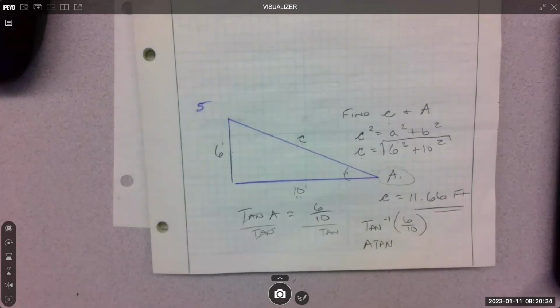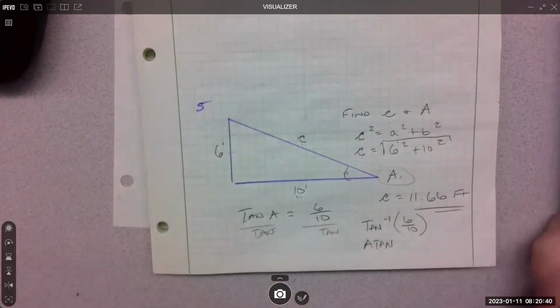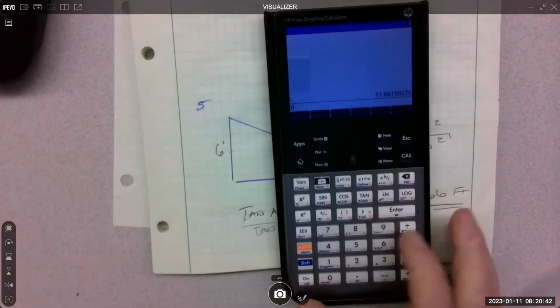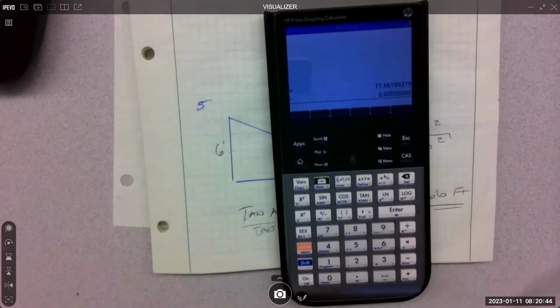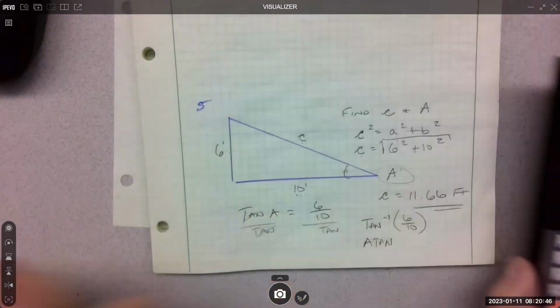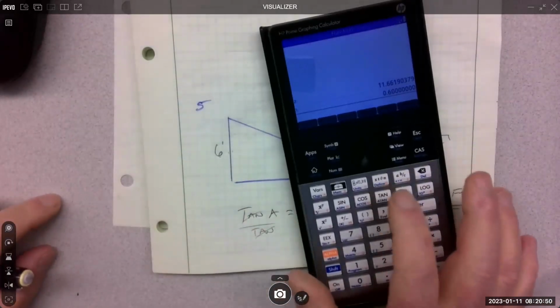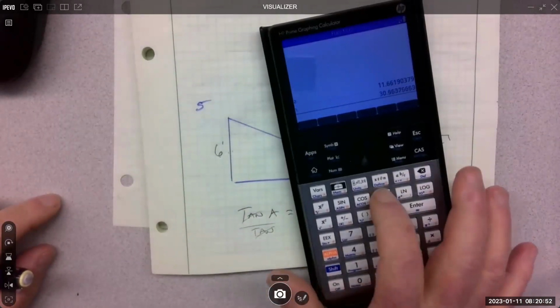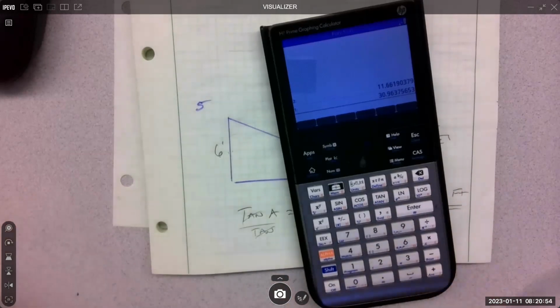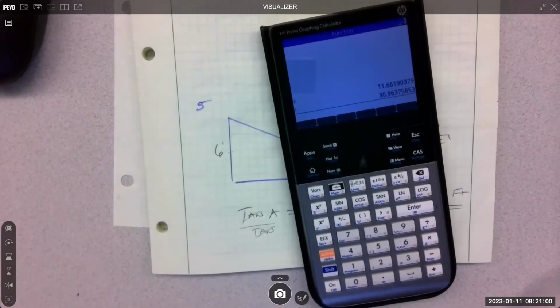So I think in a TI, you have inverse tangent. Is that correct? Yeah. So in an HP, the way it's done is you just do the 6 divided by 10. So you come up with the number that's inside the bracket. And then I just apply the arctangent to it. So it's going to be shift arctangent. But either way, should give it to you, as long as you're in degree mode.